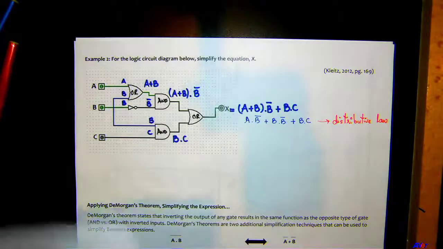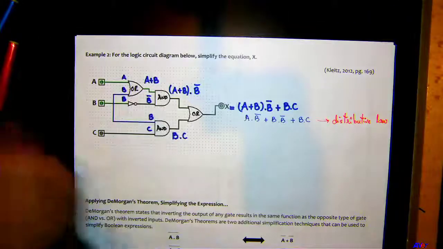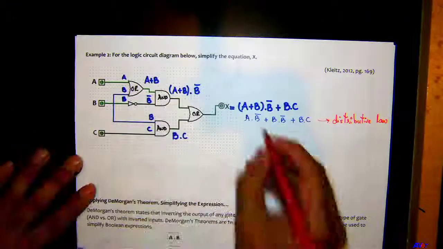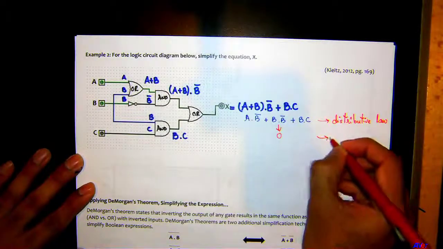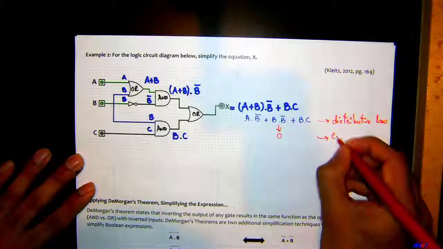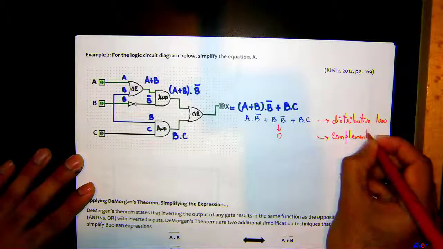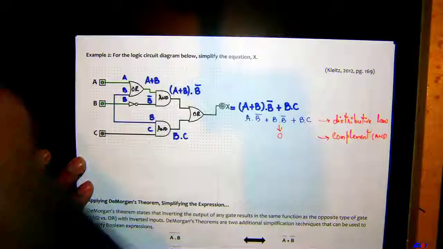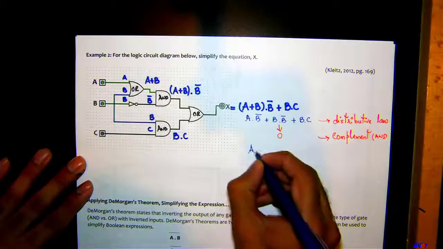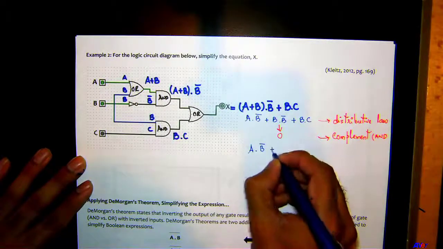Say it again. 0, right? So B dot B bar is 0. So this term is going to be 0, and this is the complement. So you get A dot B bar plus BC.